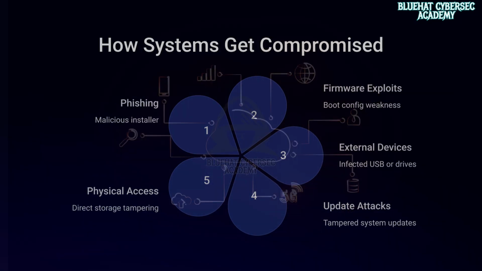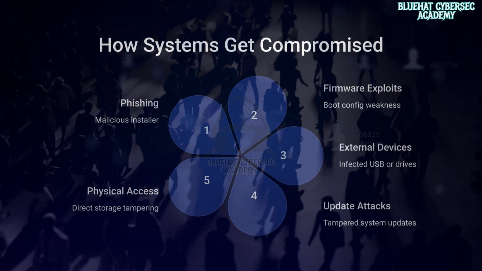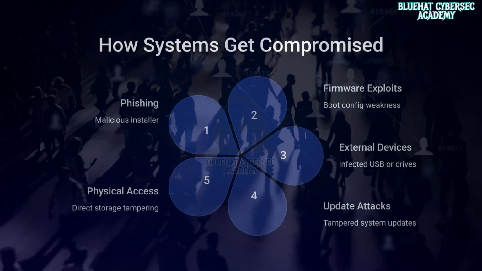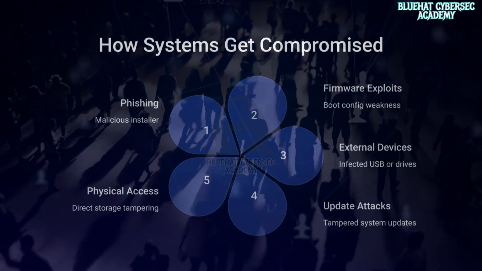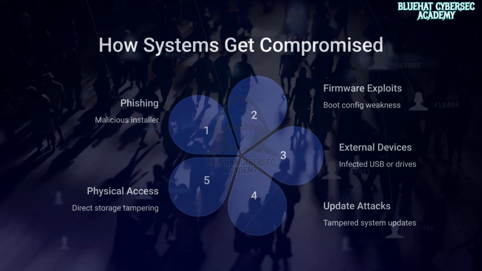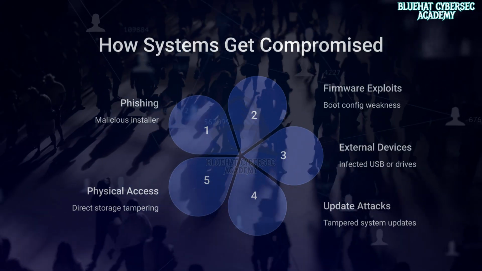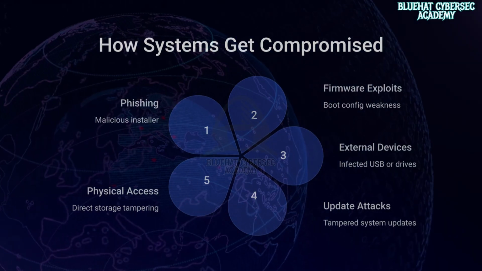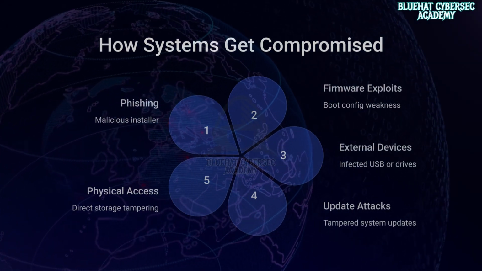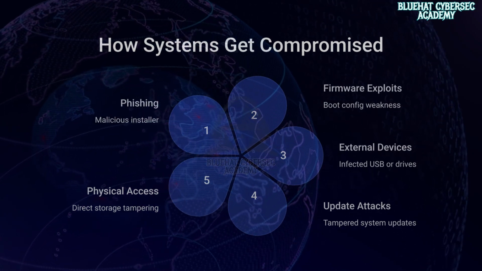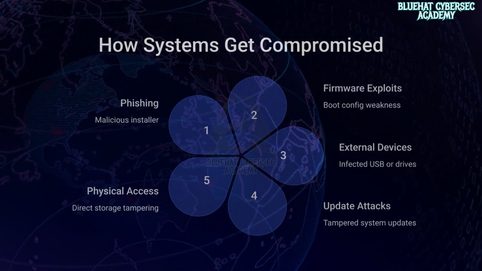It can also be introduced through compromised external devices, infected update mechanisms, or physical access attacks where an attacker directly modifies system storage. Once any of these entry points succeed, the malware embeds itself into the boot process and becomes part of the system's startup routine. At that stage, removing it becomes significantly more complex than deleting a normal file or uninstalling software.